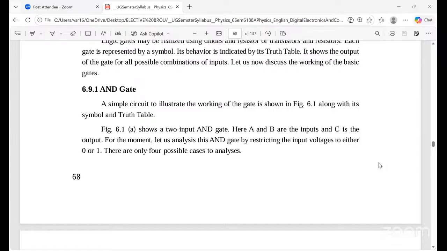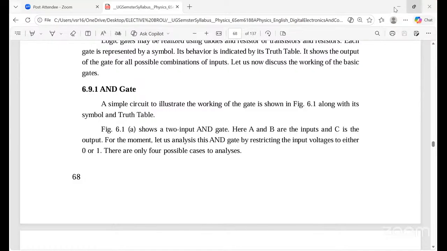The basic logic gates, I just want to show you these operations with respect to the PPT itself. I just want to explain logic gates, logical operations itself.